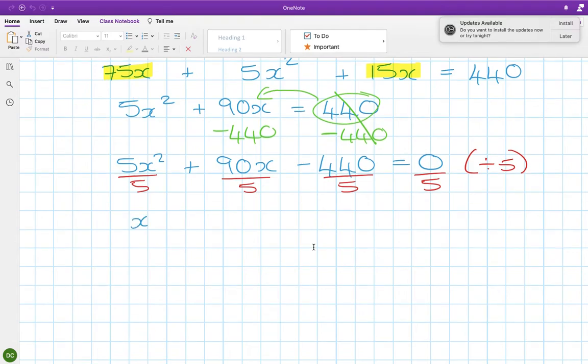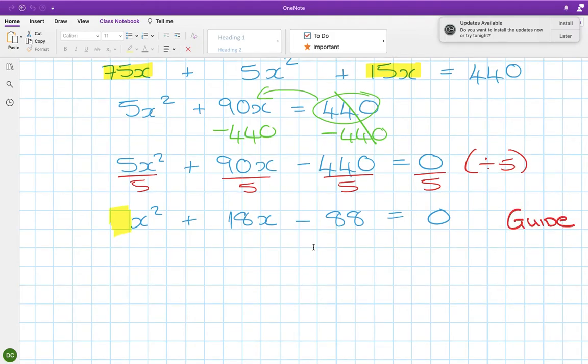So this is x squared. 90 divided by 5 is 18x. 440 divided by 5 is 88, and 0 divided by 5 is 0. Okay, so we need to get a guide number. The guide number is the number in front of x squared multiplied by the final number. So that's a 1 by minus 88 is minus 88.